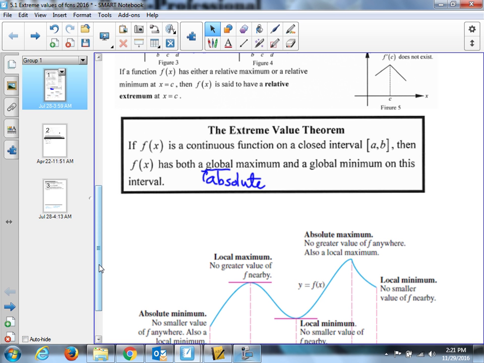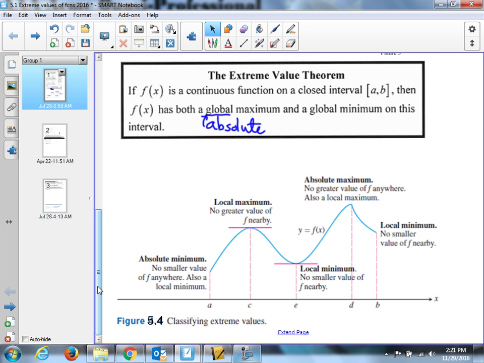Now let's take a look at the picture. It's usually easier to understand by pictures first to get the concept. Now this is from your textbook. Take a look here, on this interval from a to b, just as was defined in here.